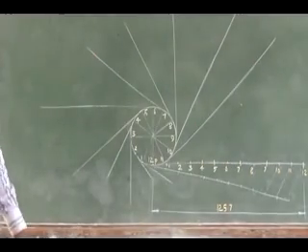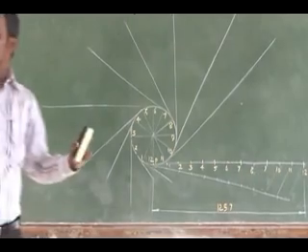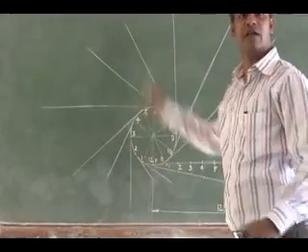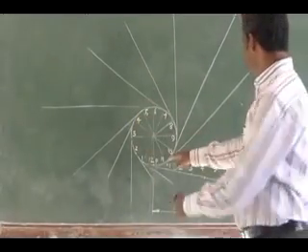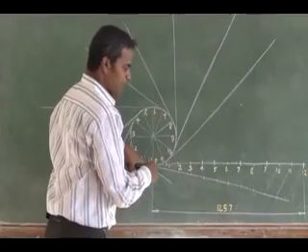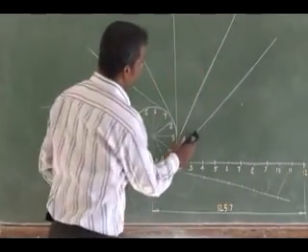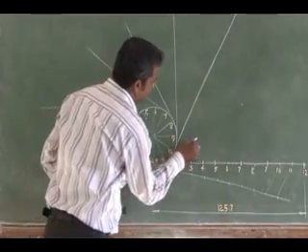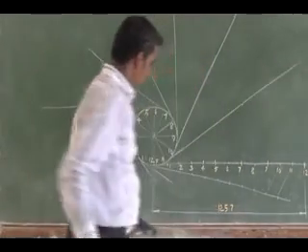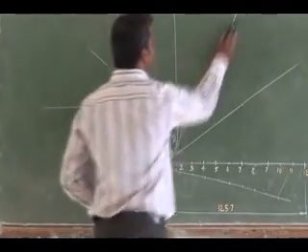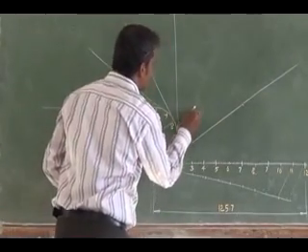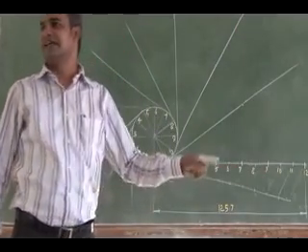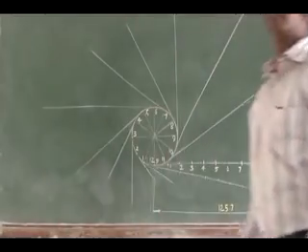See here, these tangent lines, using your drafter, you have to draw in the negative direction, not in the positive direction. So this is my 11th tangent line. The horizontal line I have drawn already is my 12th segment tangent line.